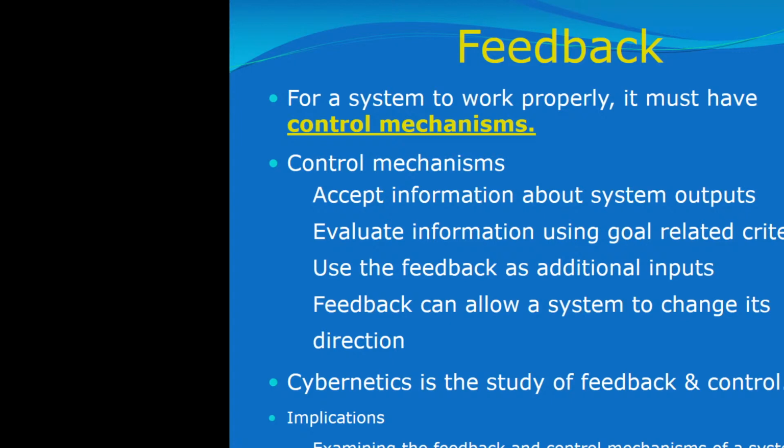Feedback can allow a system to change its direction. Cybernetics is the study of feedback and control. Examining the feedback and control mechanisms of a system will allow you to see causes of system failure.